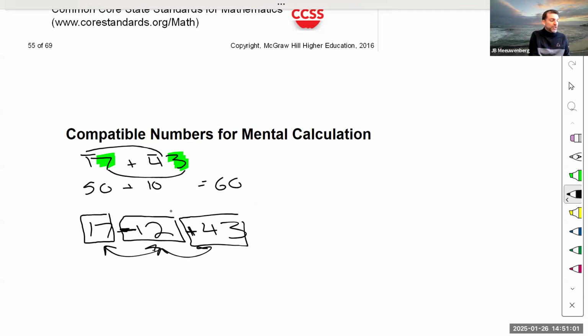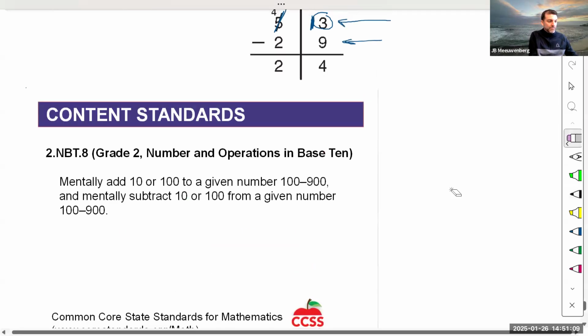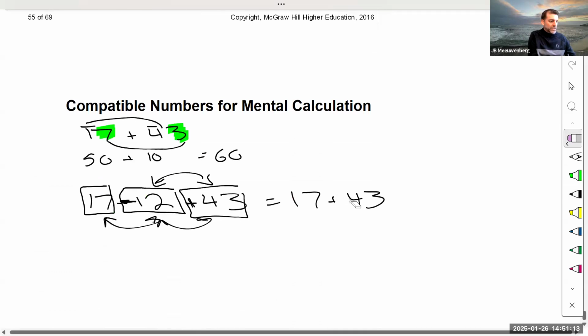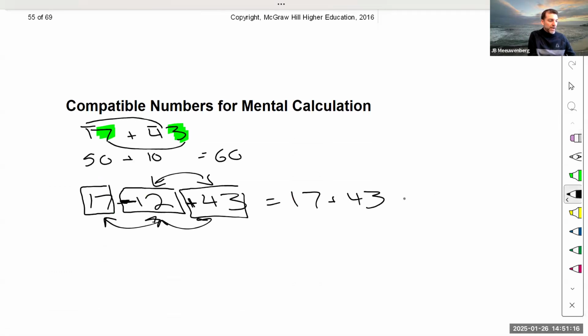So what I'm going to do is switch these two. And I'm going to make this 17 plus 43 minus 12. Why did I do that? So I can see these two numbers together right next to each other and then associate them together and add them together first.